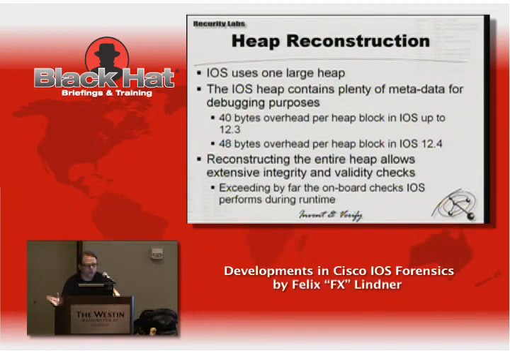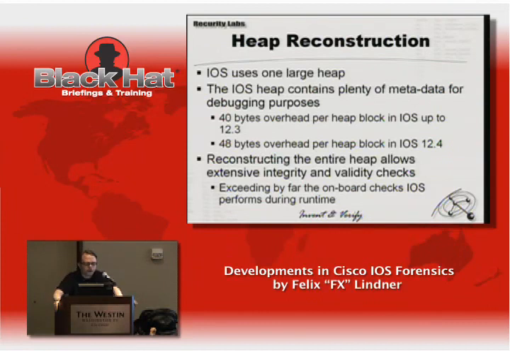That's the damn purpose of the device, and that's what you paid for. So they cannot waste lots of CPU cycles on integrity checks. So check heaps is as thorough as it can be on a router that has very limited resources to do stuff like that.